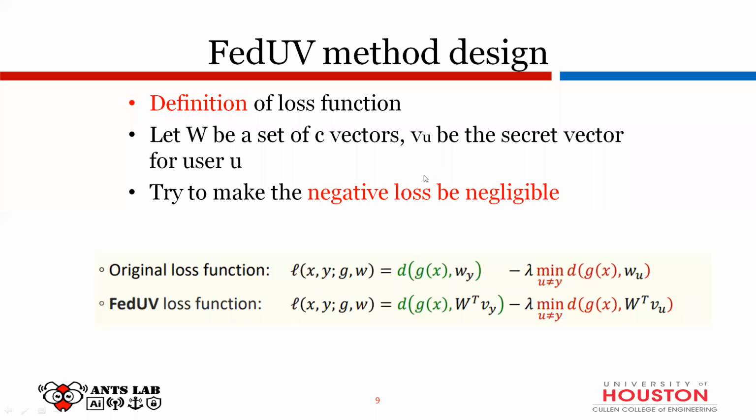But I didn't quite get the magic in detail yet, though in general, it's kind of interesting. You can randomly choose VY, and you join to learn W. Yes, that's basically the concept of this federated UV. So every time you have the same VY, right?